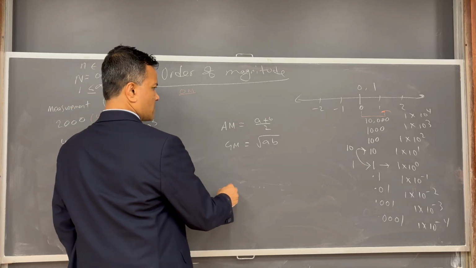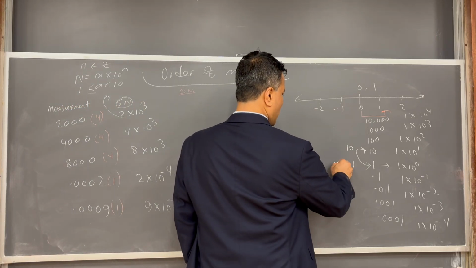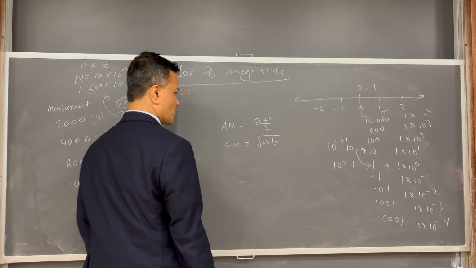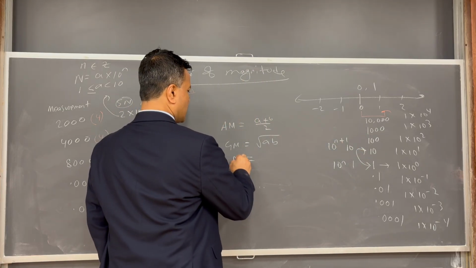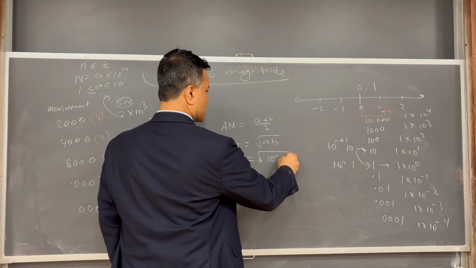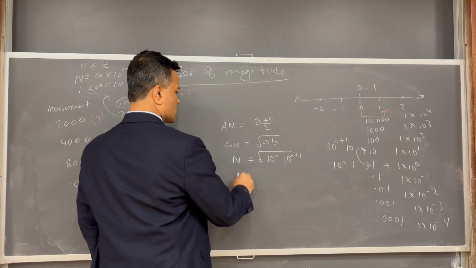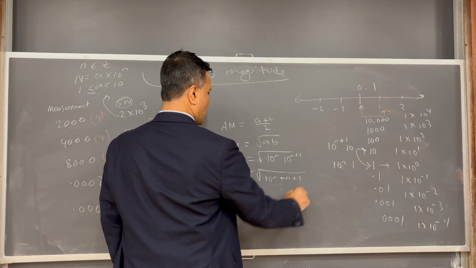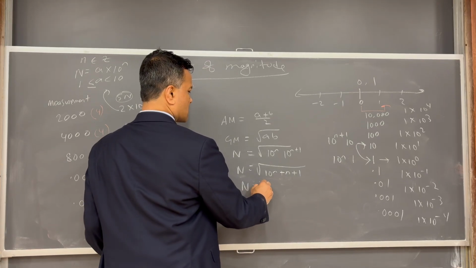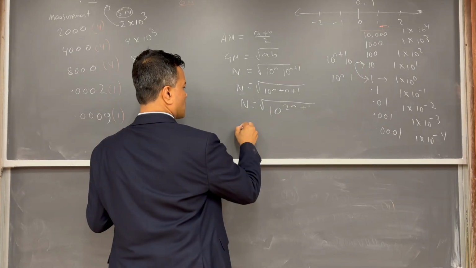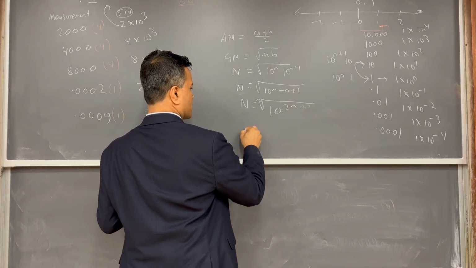So now, if the first number is 10 raised to n, is the second number 10 raised to n? No, the second number is 10 raised to n plus 1. So the first number is 10 raised to n, the second number is 10 raised to n plus 1. So n is 10 raised to 2n plus 1, and I'm going to put 2 over here.